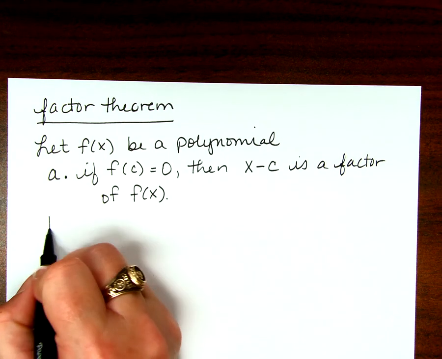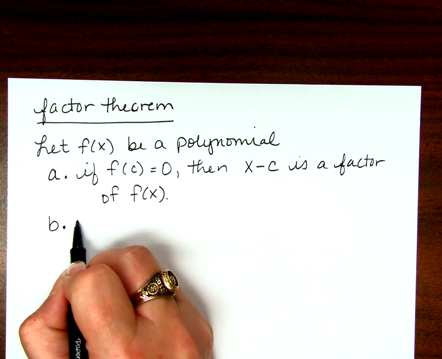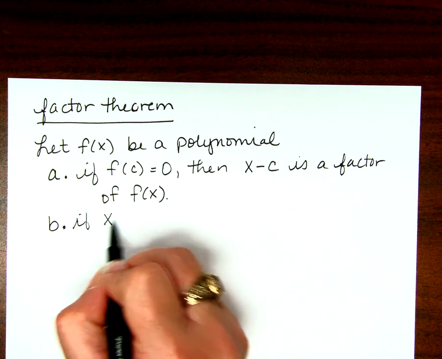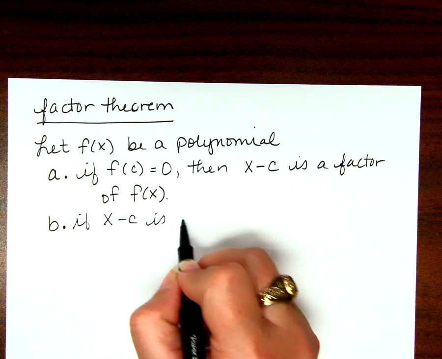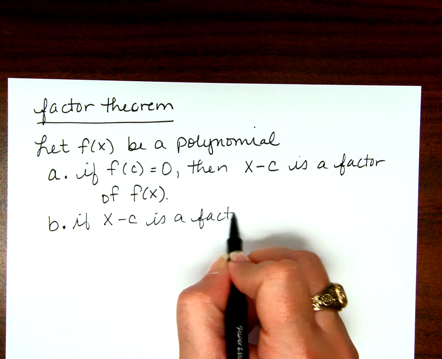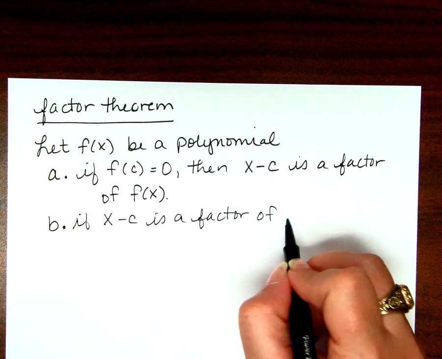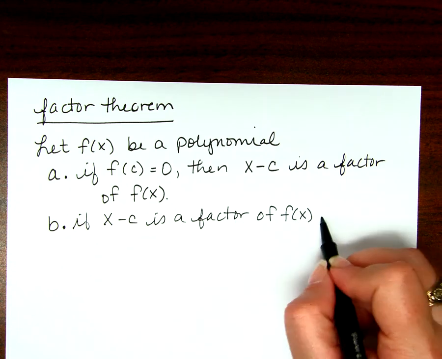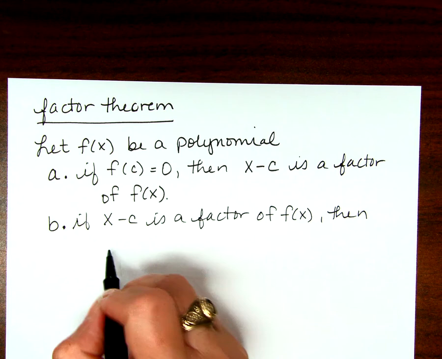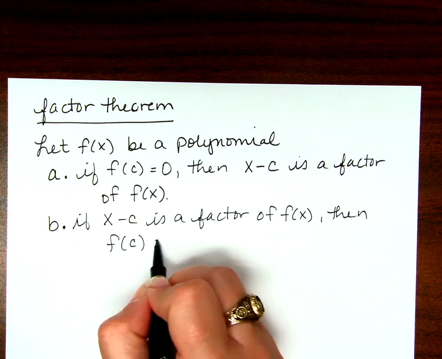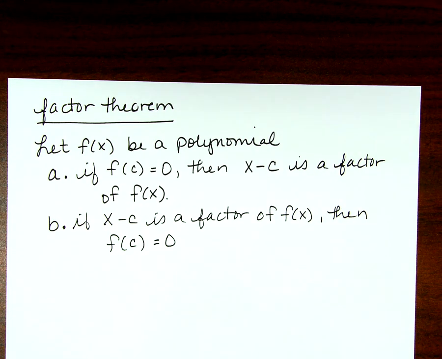And part B says if x minus c is a factor of f of x, then f of c equals 0.